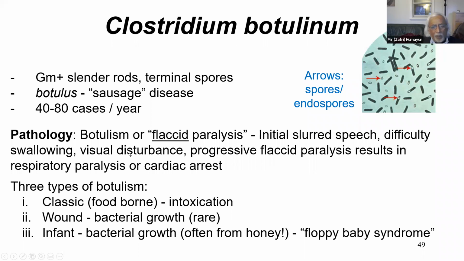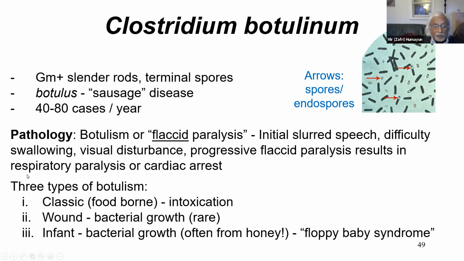The pathology of botulism is flaccid paralysis. Botulism is characterized by many neurological symptoms, including slurred speech, double vision, and difficulty swallowing, and progressive flaccid paralysis leading to arrest of breathing, there is respiratory paralysis, and cardiac arrest.